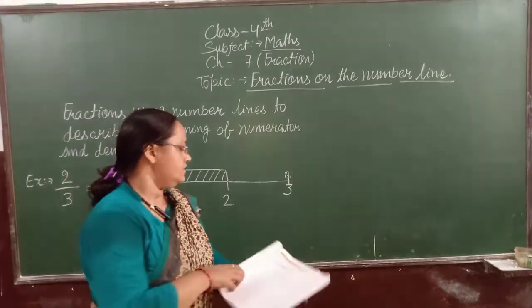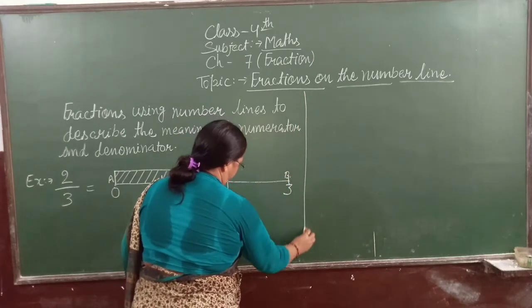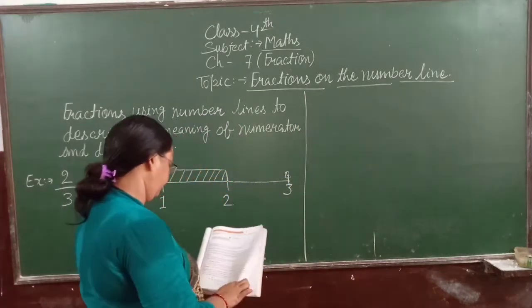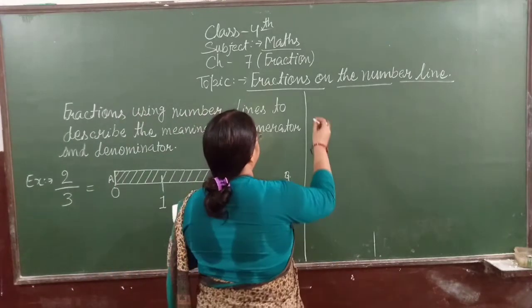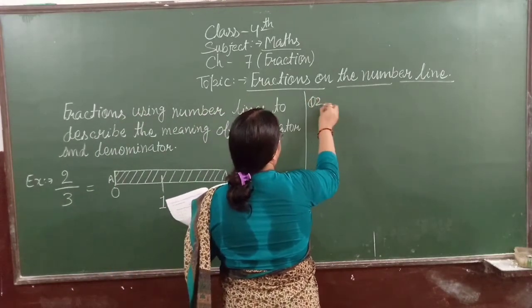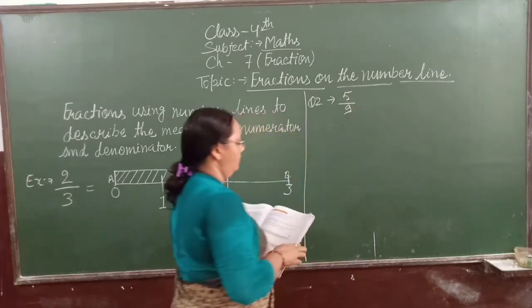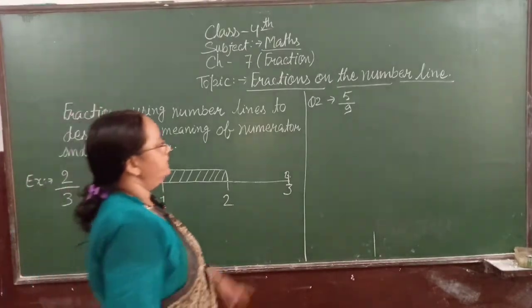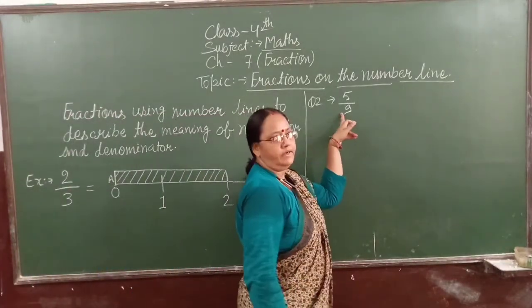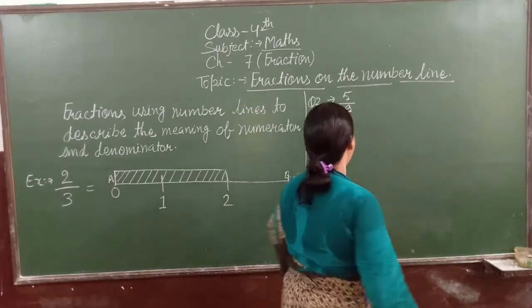Now, students, another question: five upon 9. We have to show 5 upon 9. The denominator is 9, so we have to go up to 9 at the end.